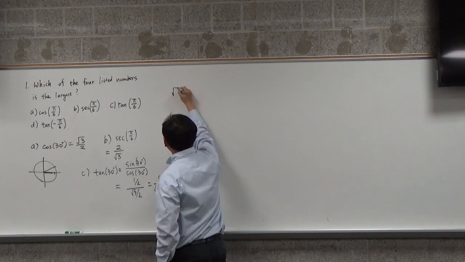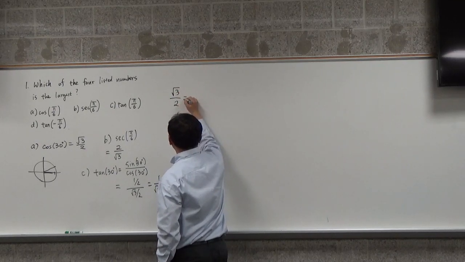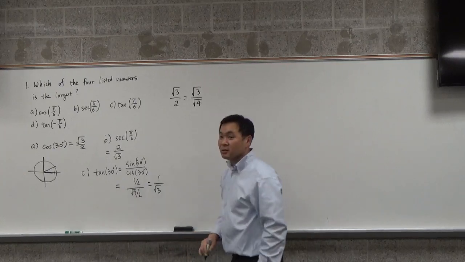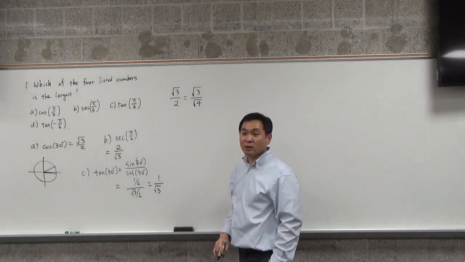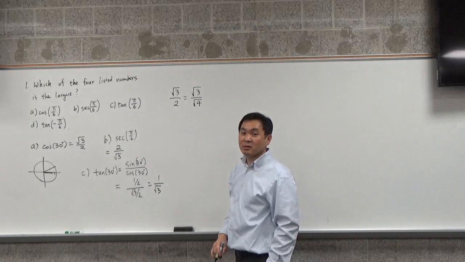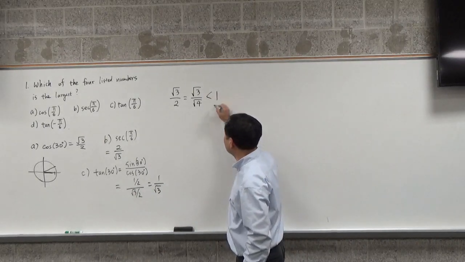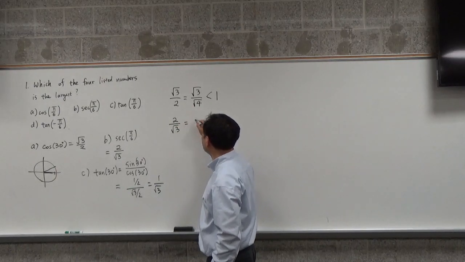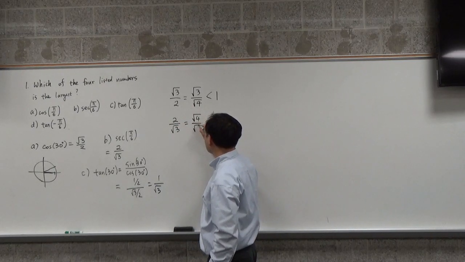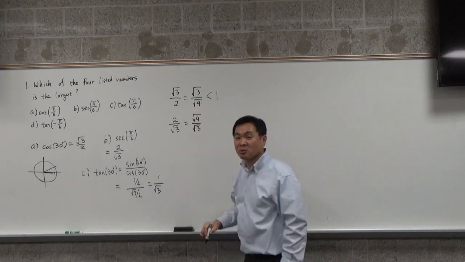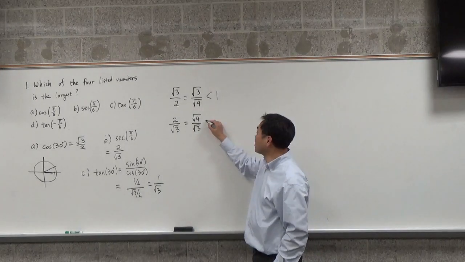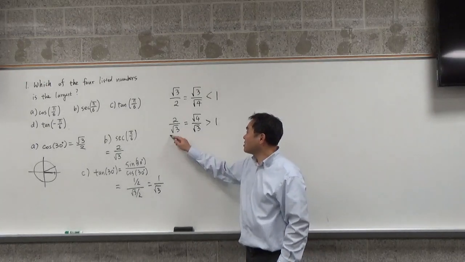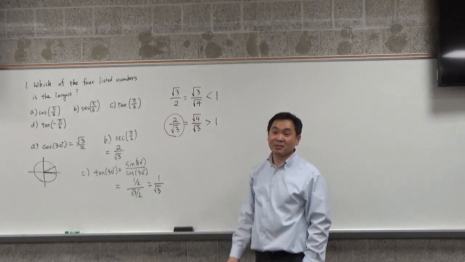Square root of 3 over 2 is the same as square root of 3 over square root of 4. Is this bigger than 1 or less than 1? Less than 1, right? But on the other hand, 2 over square root of 3 is square root of 4 over square root of 3. Is this bigger than 1 or less than 1? Bigger than 1. So now which one's bigger? This is bigger than the other one, right? Okay.